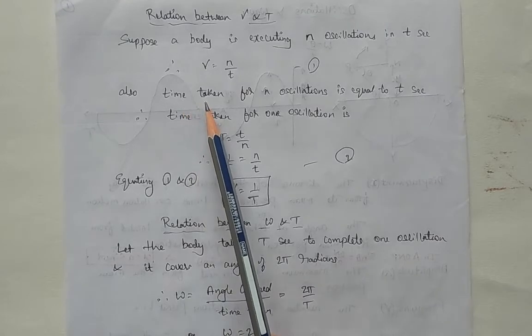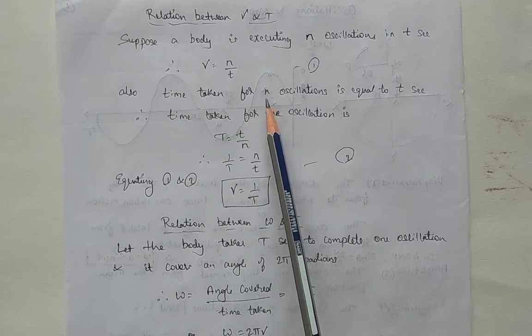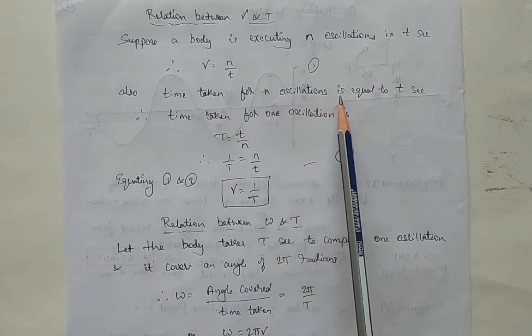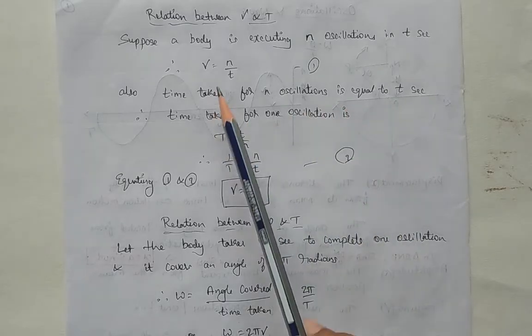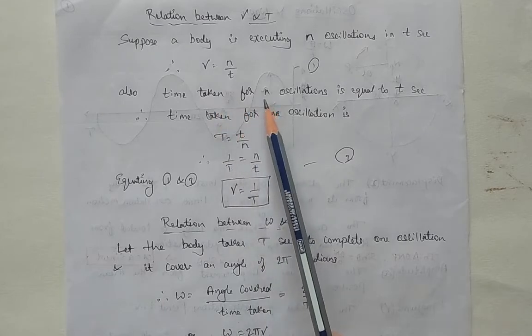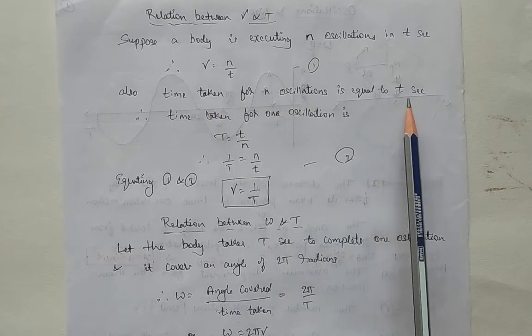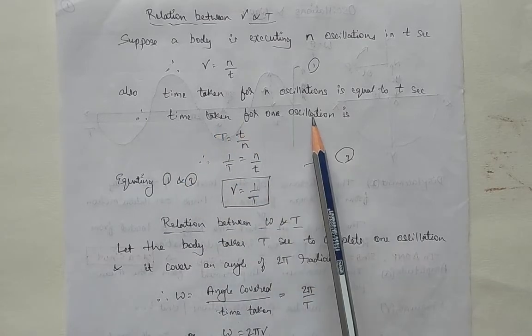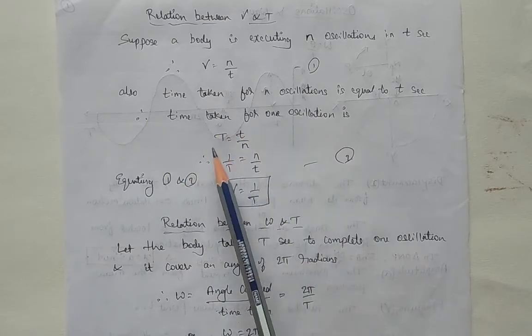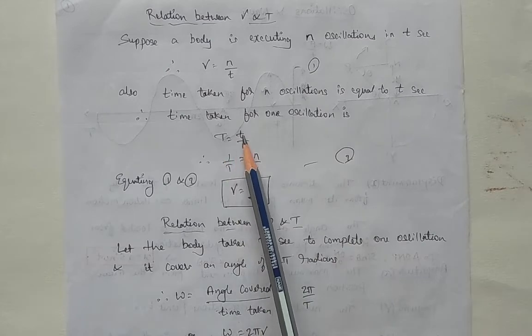Also, the time taken for n oscillations is equal to time T. That is, for n oscillations it takes time T. Therefore, the time taken for one oscillation is given by small t is equal to T by n.